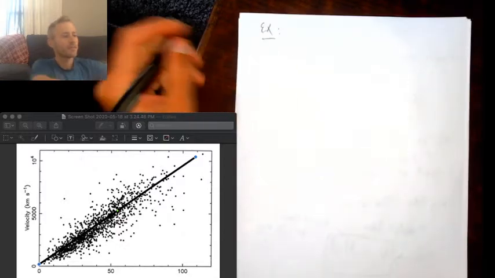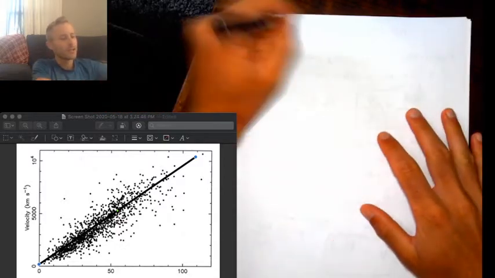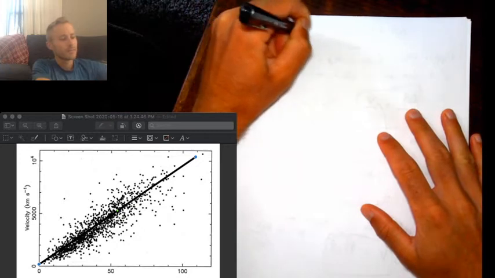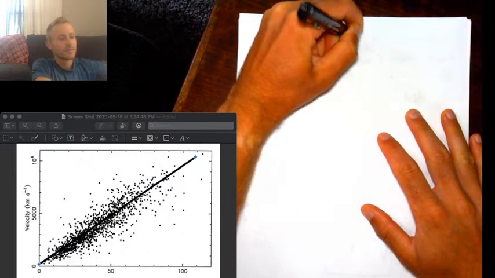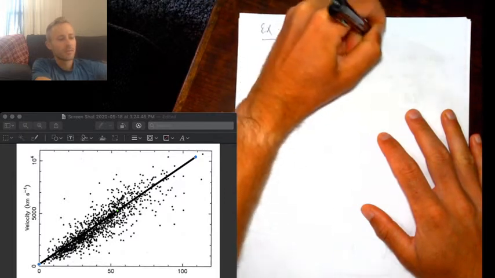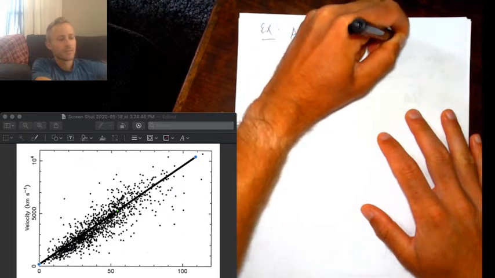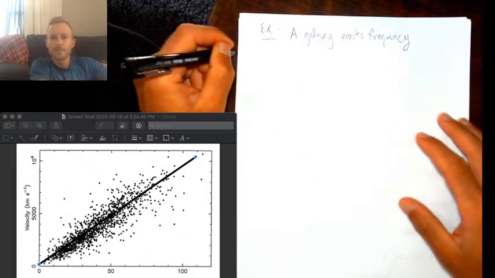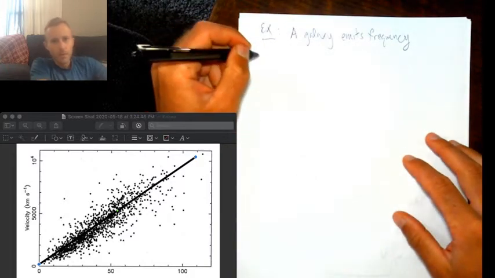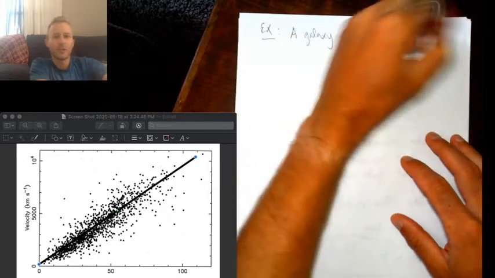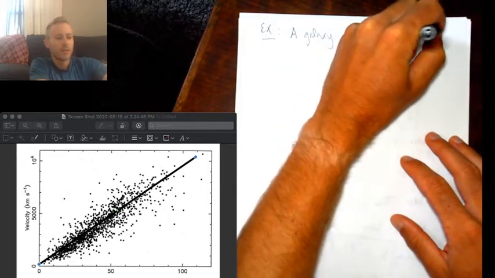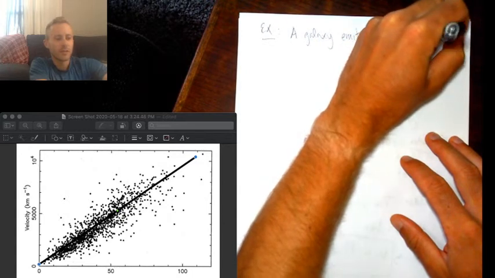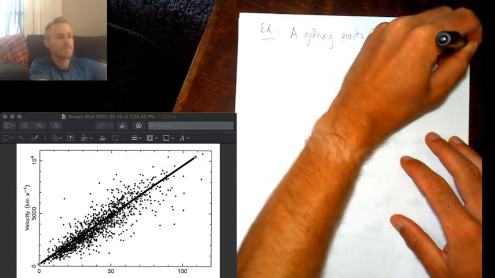So let's say a galaxy emits a frequency of, let's say, 7.3 times 10 to the 15th hertz.